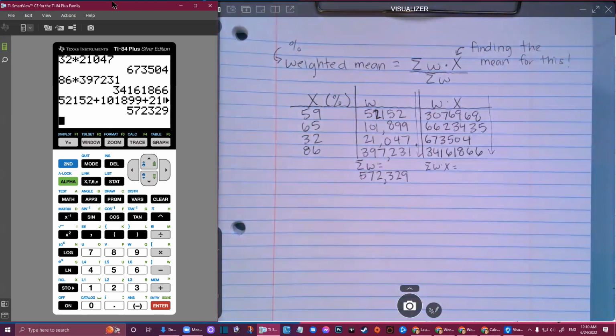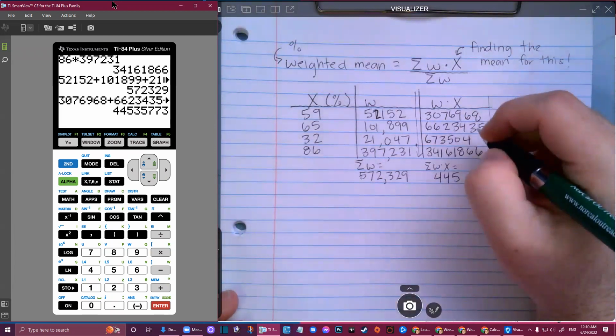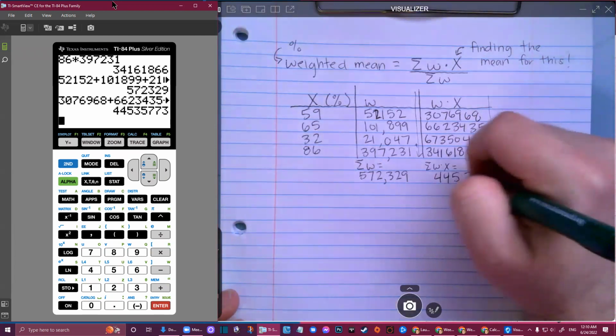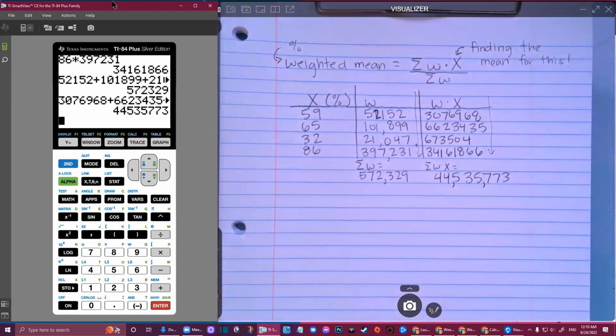I add down that second column. I get 44,535,773.